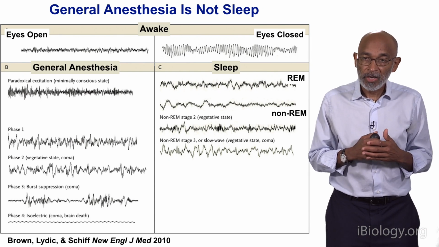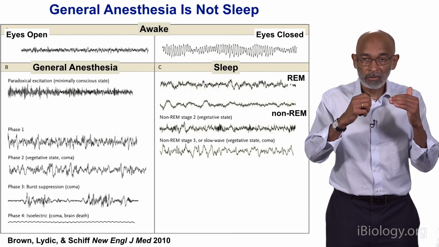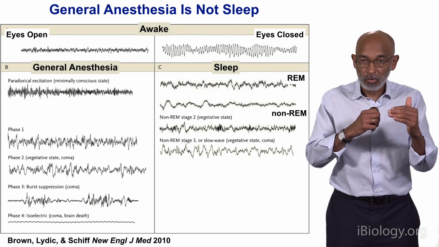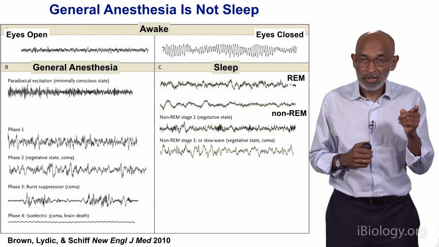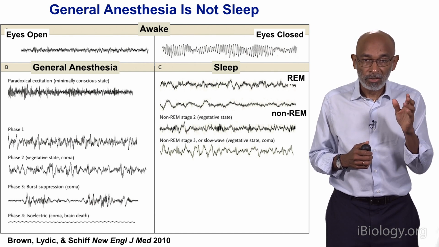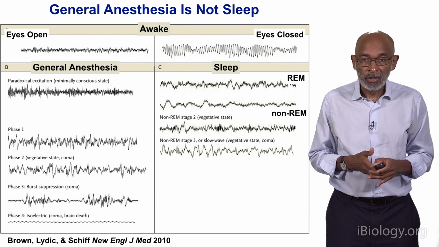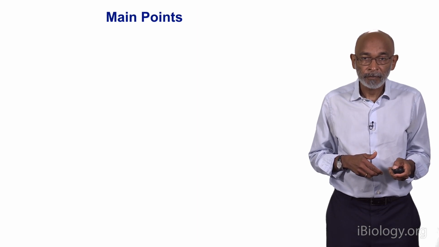But remember, those medications themselves don't allow us to have normal sleep. Moreover, general anesthesia is definitely not sleep. So using those drugs to try to produce sleep is not a good idea.